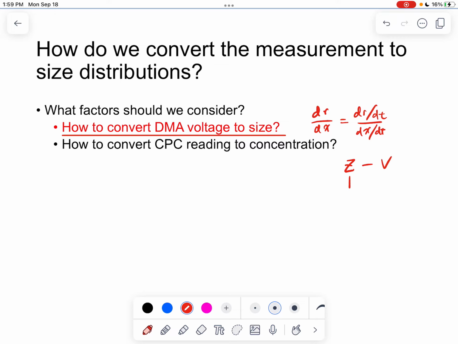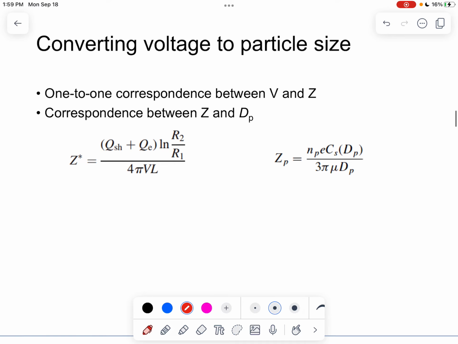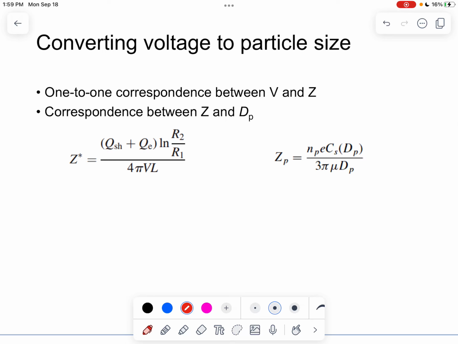And further, Z is related to particle size, okay? So to sum that up, basically there's a one-to-one correspondence between the voltage that's added onto the DMA and the electrical mobility, and that is shown by this equation. And then further, the mobility is dependent on the particle size, right?